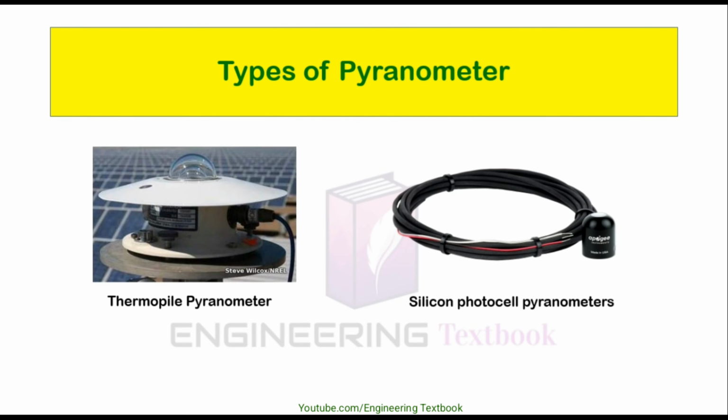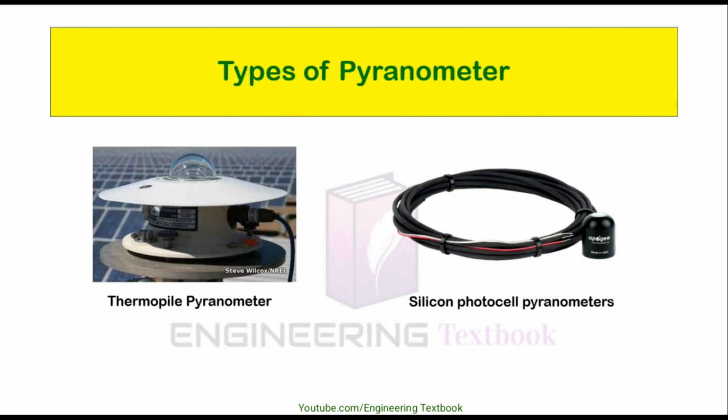Second is the silicon photocell pyranometer. This instrument is typically several times less expensive than the thermopile pyranometer. For environmental researchers, the accuracy of the silicon photocell pyranometer is often sufficient for their requirements.